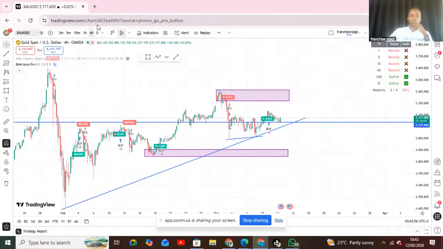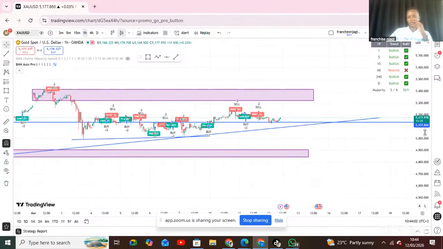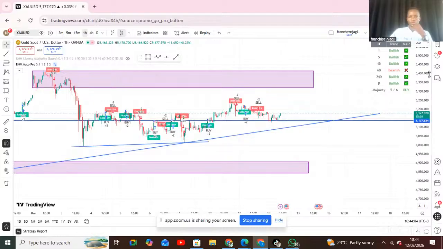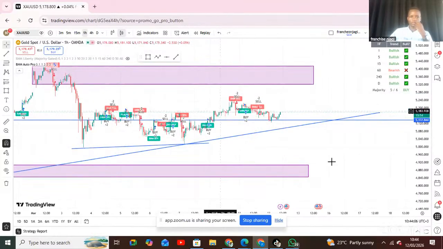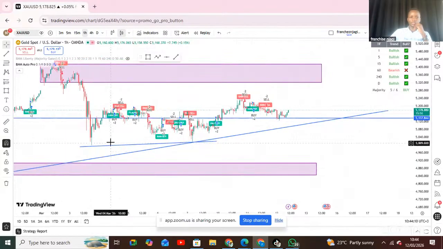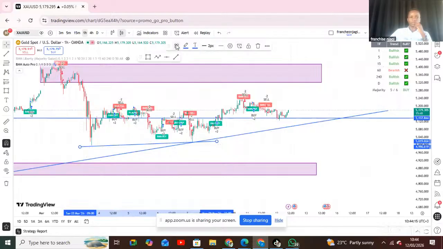So we still don't have a clear direction of gold, what will take us today. On lower time frames, going back down to the 1 hour time frame, you can see these equal lows. You can just indicate here.